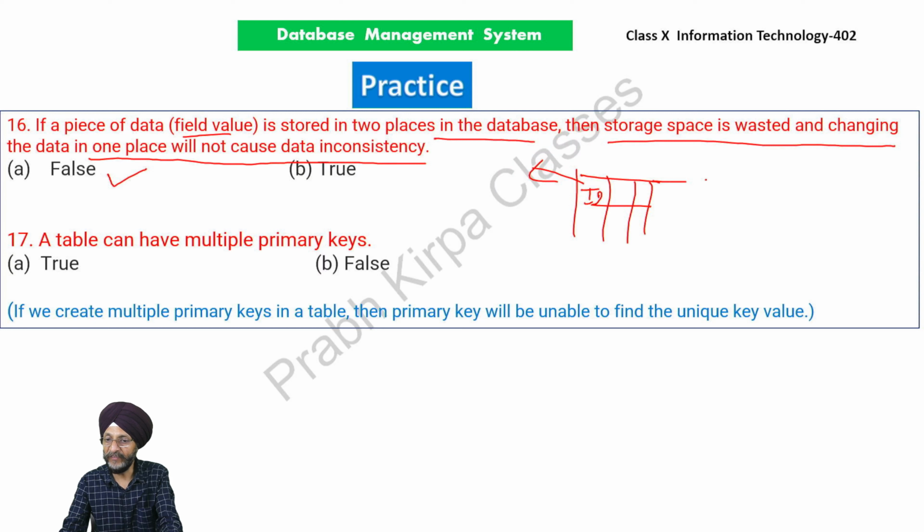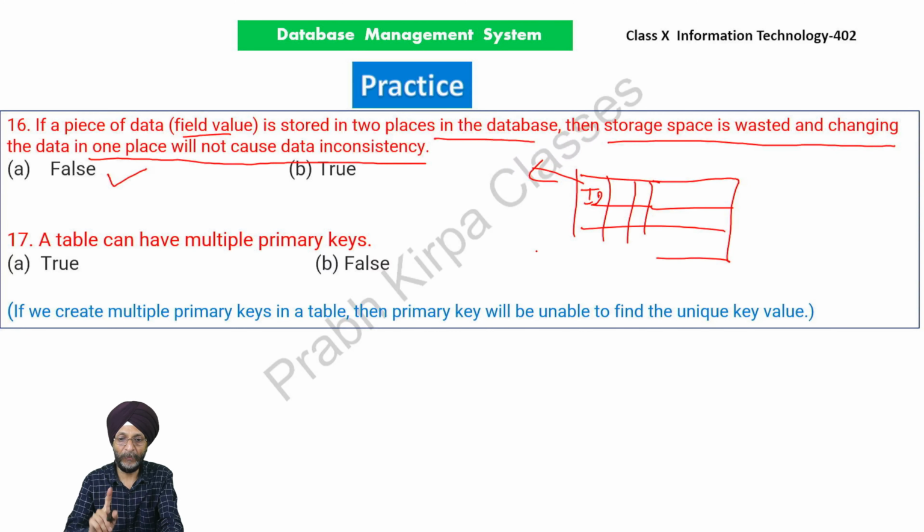A table can have more than one foreign key, but not more than one primary key. Primary key is only one in a table. If we create multiple primary keys, then the primary key will be unable to find unique key values.